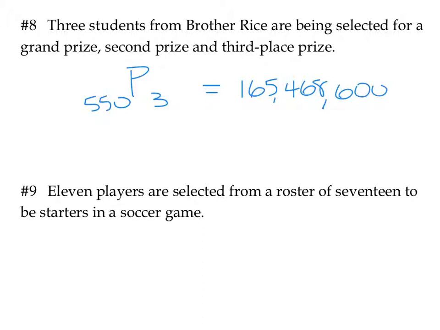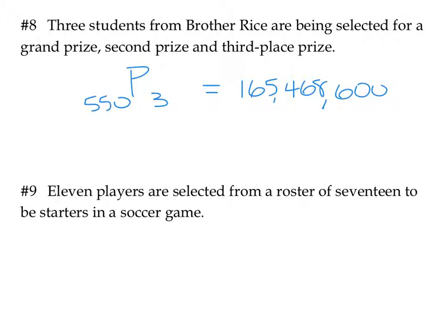You get 165,468,600. When order matters, it's going to be a bigger set of possibilities, because the same 3 people picked, which one's the first prize, second prize, and third place prize makes a difference, so there's more different possibilities. So know if it's a combination or permutation. You can see you're going to get a different answer even when the n and r values were the same.